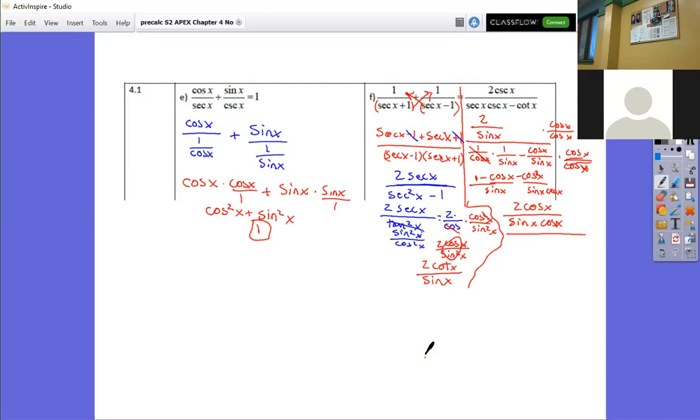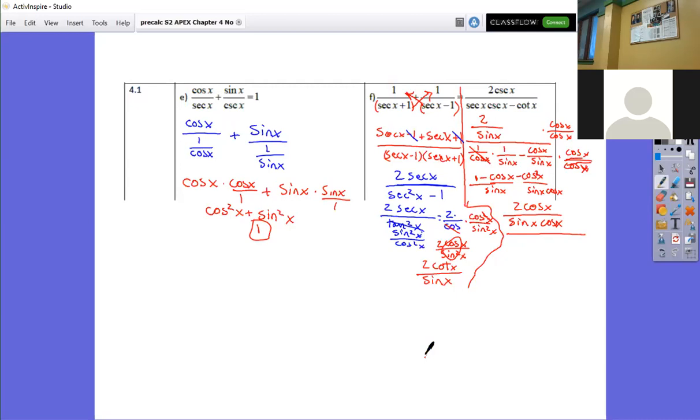With which one? So I got 1 minus sine of x. Well, so this one here.